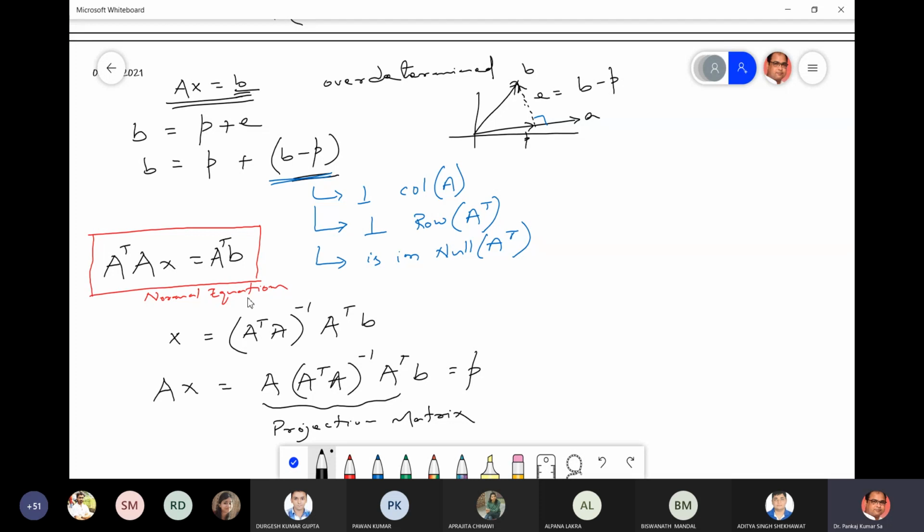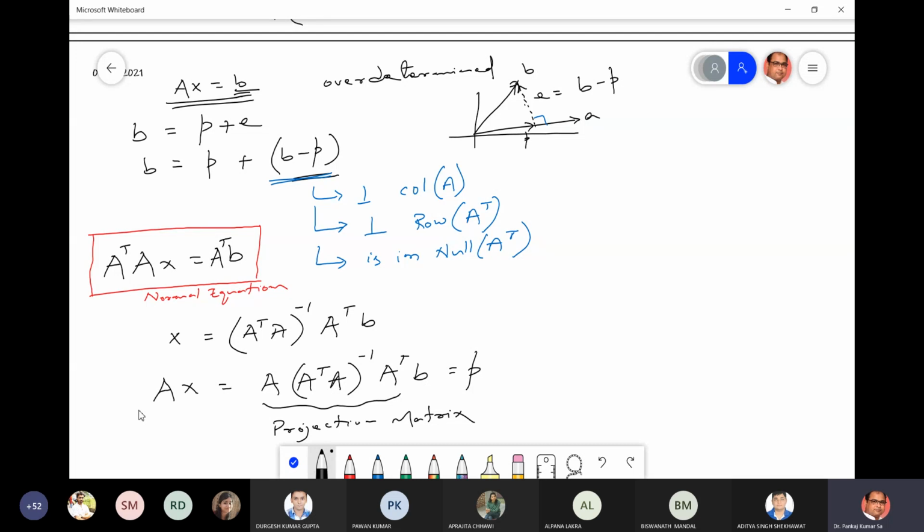This is all we started with: A transpose times b minus p, where p is Ax. So like that, A transpose b minus p is equal to 0, and that way everything started.